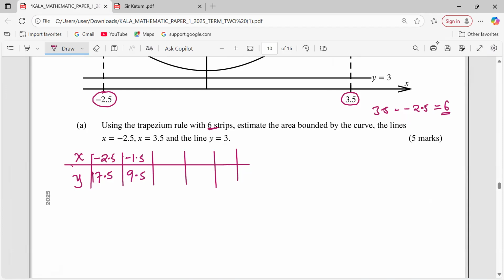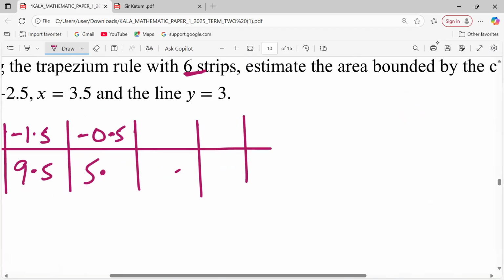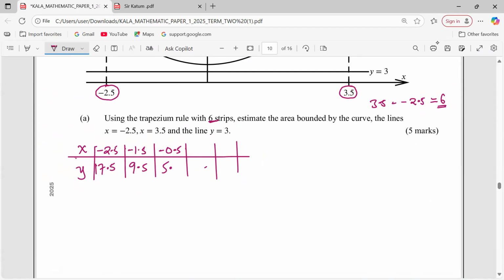9.5. Then from here, we go to negative 0.5. With negative 0.5, we need 2 into 0.5, we square, then plus 5. This gives us 5.5. Then the other one will be 0.5.